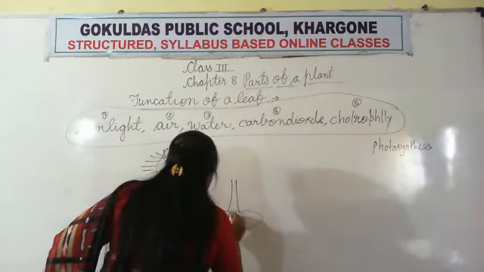And there is already chlorophyll in the leaves, which is a kind of green pigment. And then they prepare the food with the help of the sun, carbon dioxide, water, chlorophyll. Then we get fresh oxygen, and the name of this process is called photosynthesis.